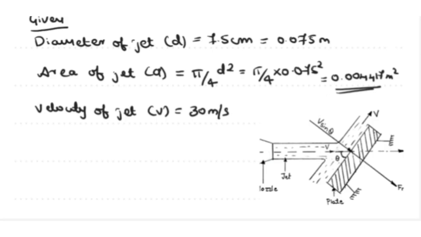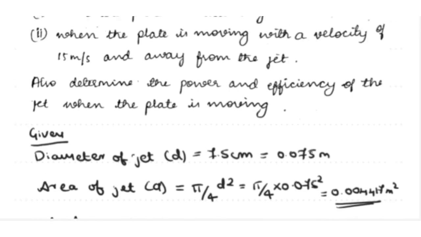So this angle from this line to this normal line is 45 degree. Now you can calculate theta. The entire angle is 90, so theta is equal to 90 minus 45, that is equal to 45 degree.